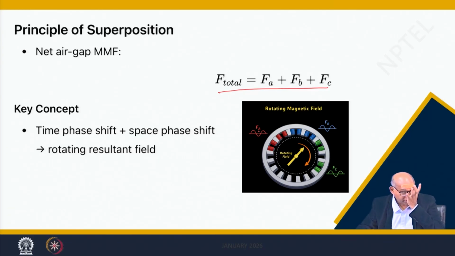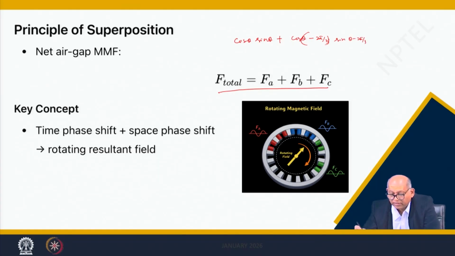So that means Fm is the same, so you have to add cos theta sin theta plus cos of theta minus twice pi by 3 into sin of theta minus twice pi by 3, then plus cos of theta plus twice pi by 3 into sin of theta plus twice pi by 3.